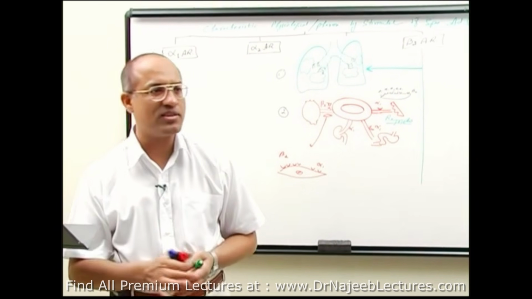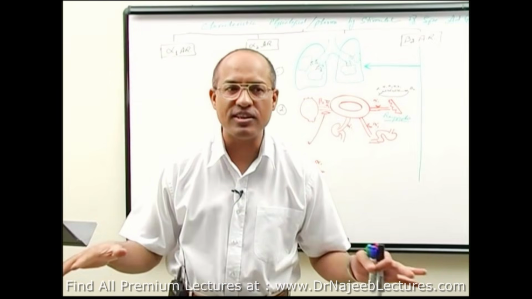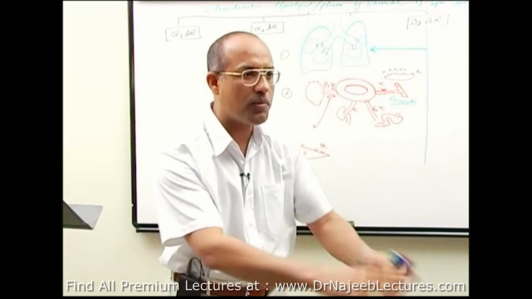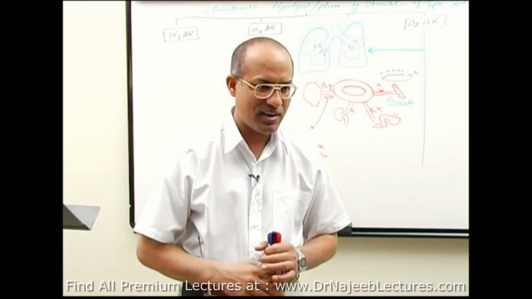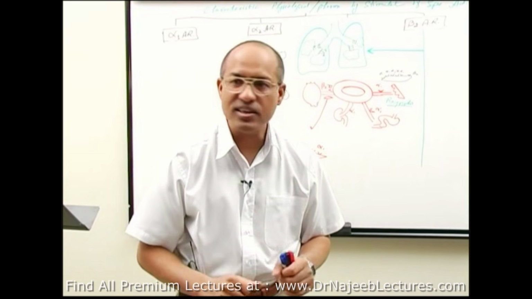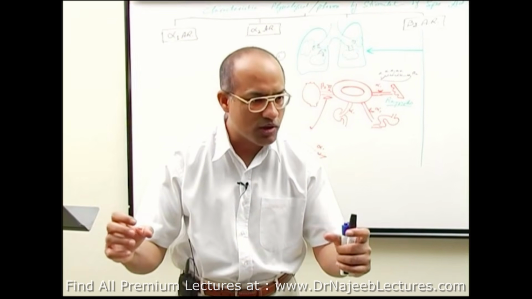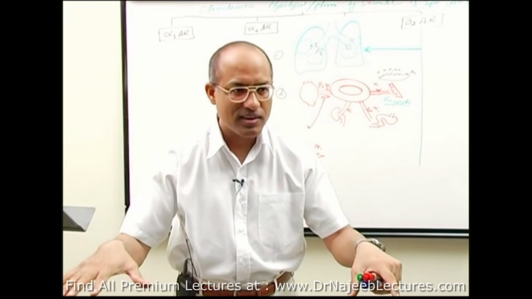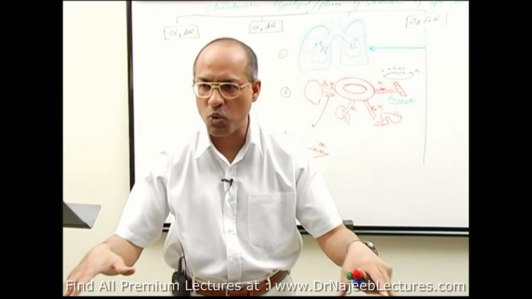In Raynaud's disease, there is an increased tendency of vasospasticity of distal blood vessels. Our distal blood vessels have an increased tendency to undergo vasoconstriction whenever the skin is exposed to the cold.